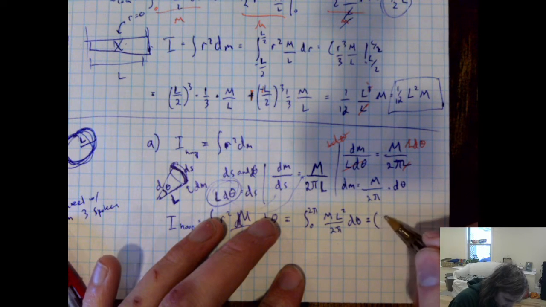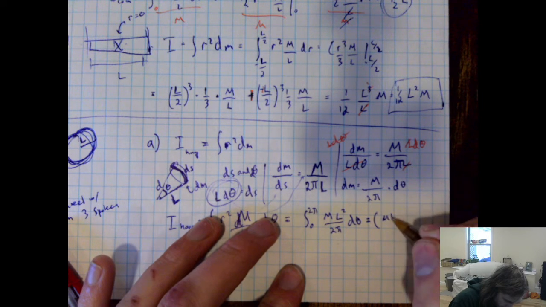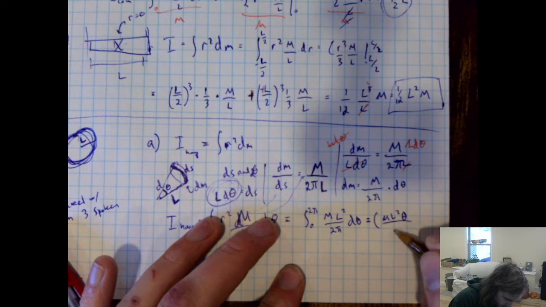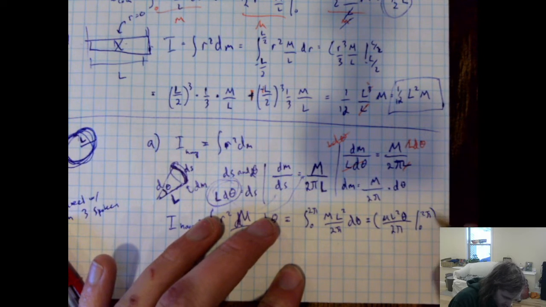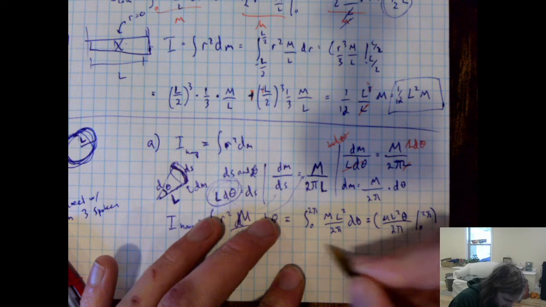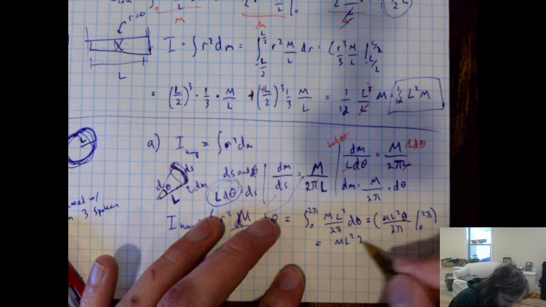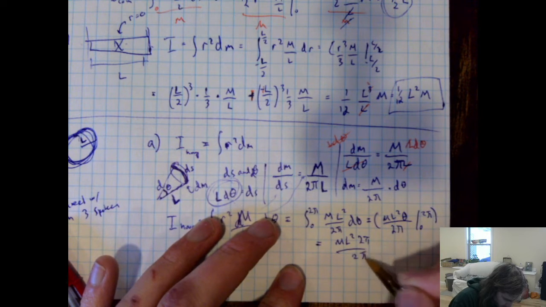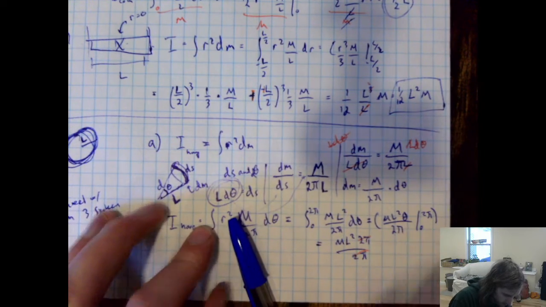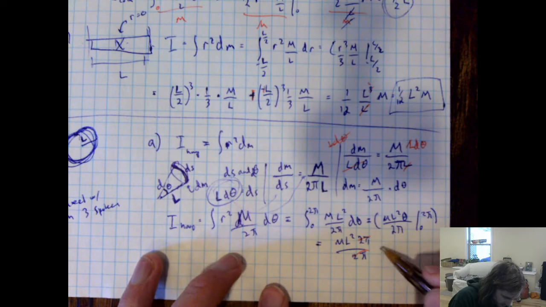So we're evaluating from 0 to 2 pi, m L squared theta over 2 pi. When we plug in 2 pi, we'll get m L squared 2 pi divided by 2 pi. 2 pi over 2 pi is 1, so that drops, and we just get mL squared.